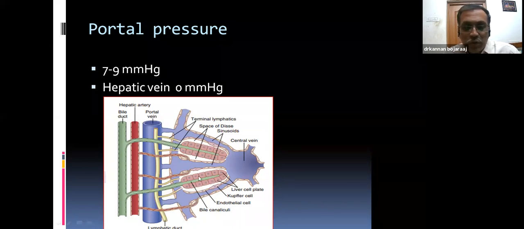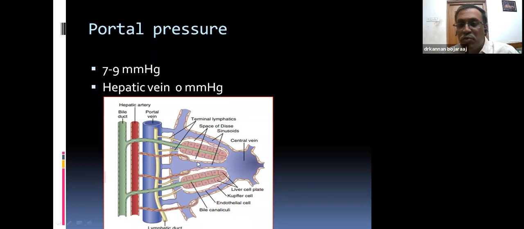Any problem with this gradient, such as resistance to blood flow from fibrosis, nodules, or any deranged pathophysiology in the liver, decreases the flow from the portal side to the hepatic side, and the patient develops portal hypertension.